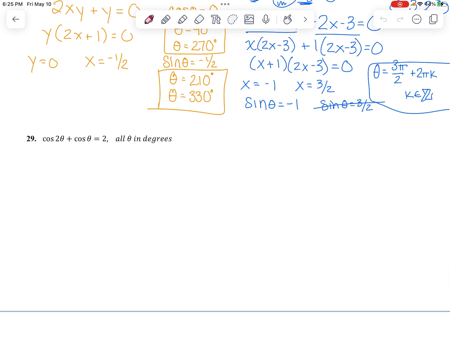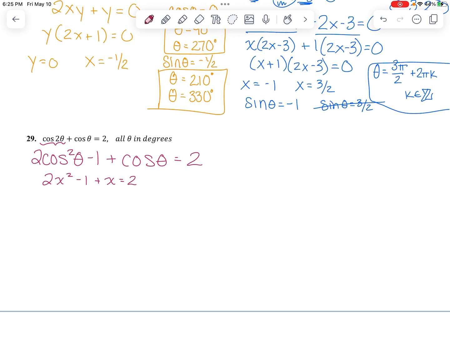Cosines, I believe, is what I had in that problem. Yep, so I'm going to do the cosine one, which says 2 cosine squared theta minus 1. Now, keeping in mind that when I replace a single term with a double, I might need parentheses. In this case, it won't make a difference.